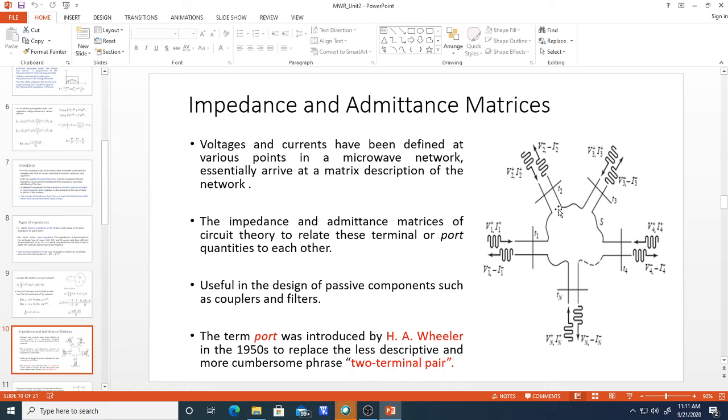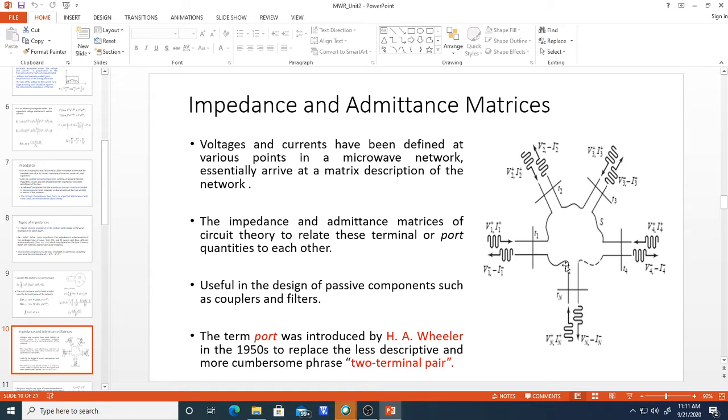Okay, by using this method you can design passive components, like you might have studied already, ring resonator or branch line coupler. In future you will also study passive components like coupler design, circulator, isolator. Many passive components are there in microwave engineering, so this will be very useful in designing those components, like couplers and filters.